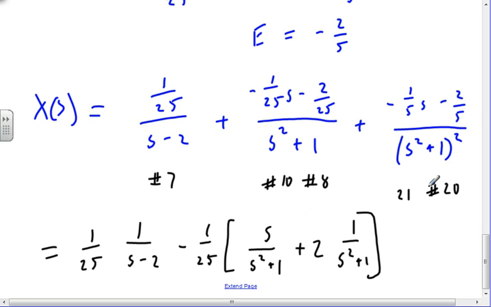Now these guys over here, 21 and 22, I need s squares on top of them. I don't have any s squares. Yeah, but I got an s up there.